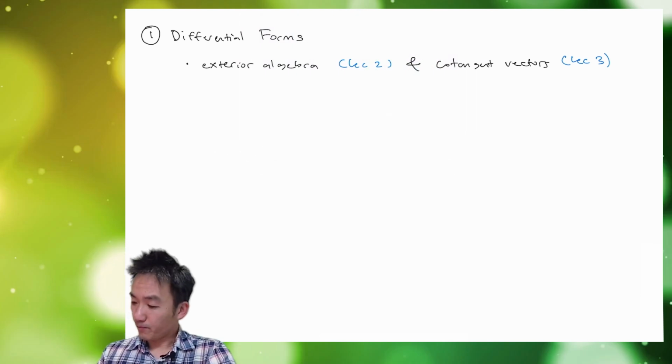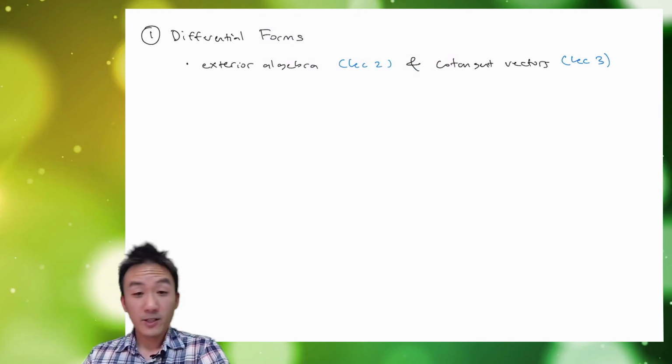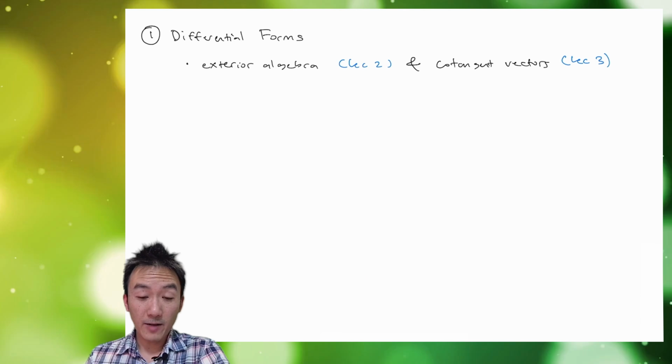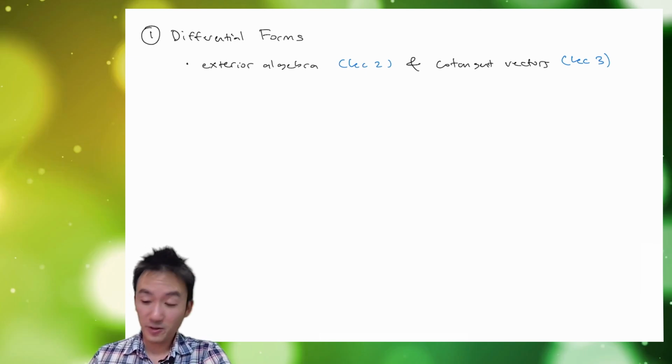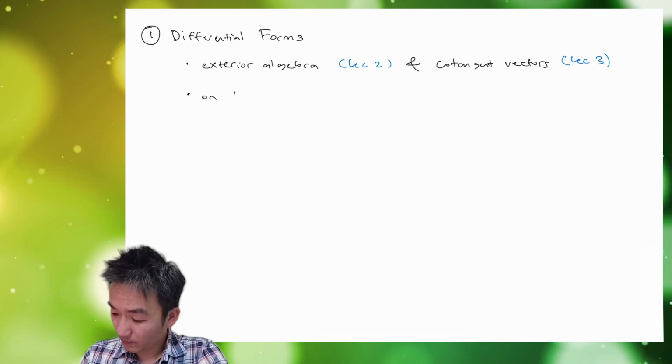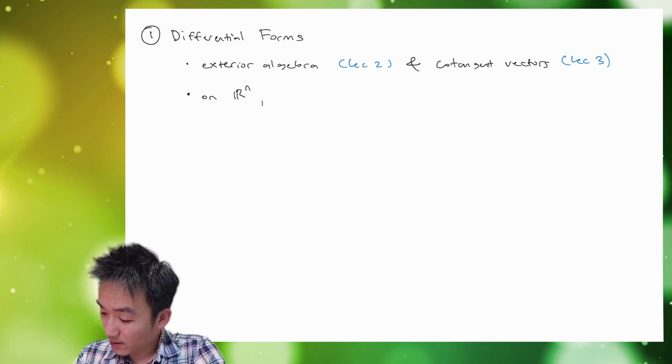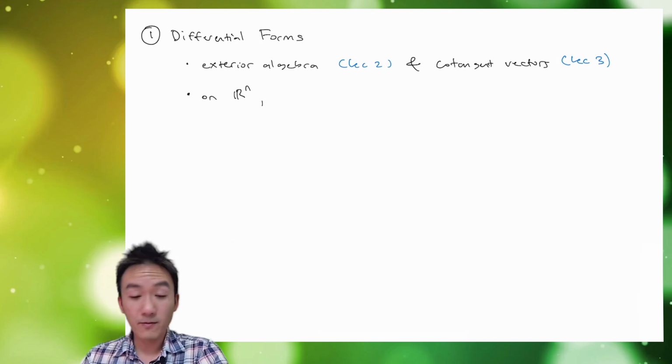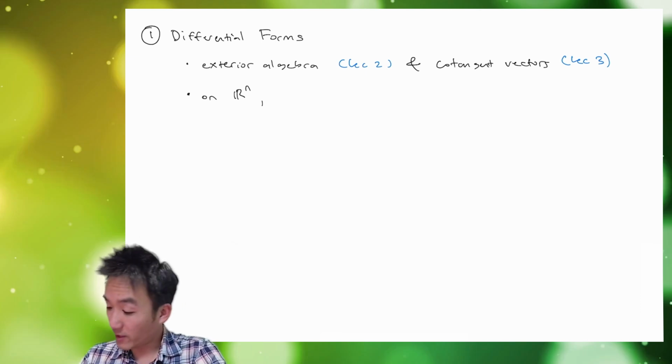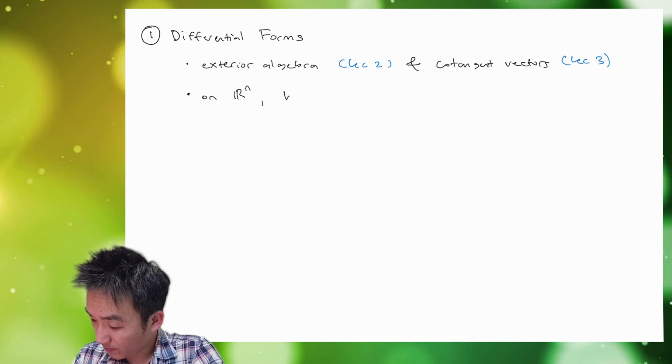Okay, so we're going to discuss differential forms on n-dimensional space in general, since it's easier to actually work in full generality. In the last lecture, we worked in 2 dimensions, but now we're going to step up our game and work in n dimensions. So now we're on R^n, and the basis of cotangent vectors will now look like the following.